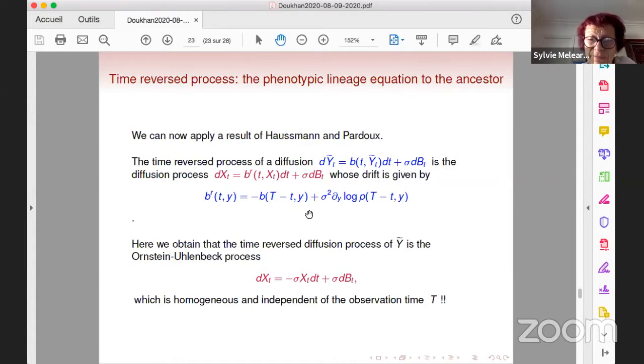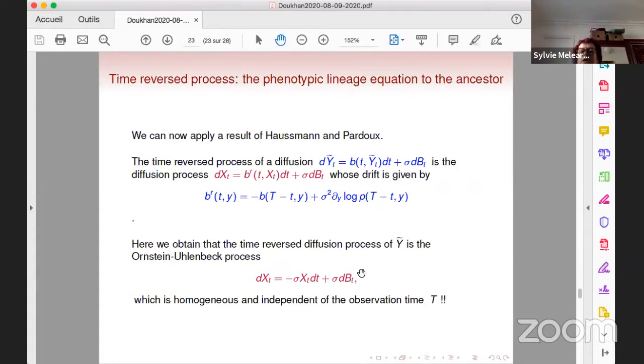And that's very amazing: the time-reversed diffusion of the process is a very simple Ornstein-Uhlenbeck process, which is homogeneous and independent of the observation time capital T. It's given by this quantity: sigma times dB_t minus X_t dt.